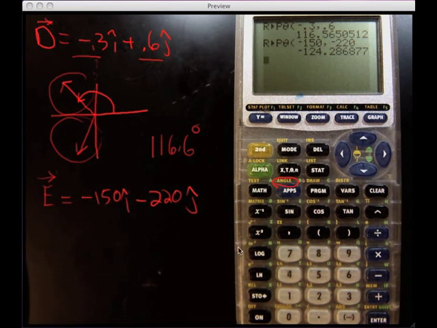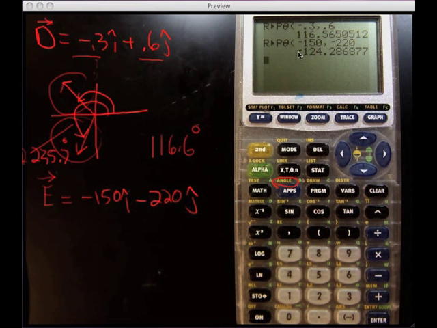And so that is not what we got when we did it before. We got this angle, which was 235.7. Whoops, it's off. 235.7 degrees. That's what we got before.